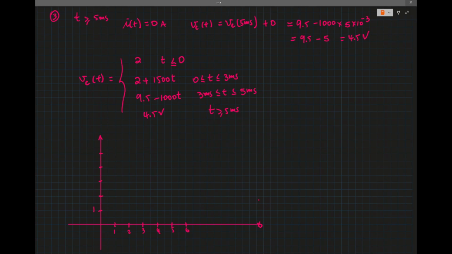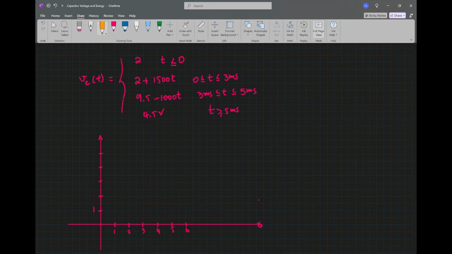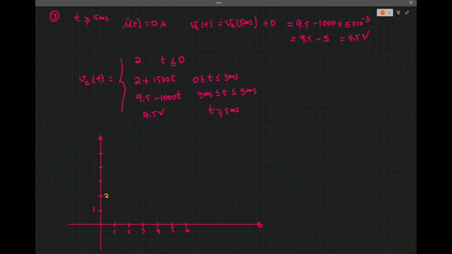So before t equal to 0, this is 2. So the voltage across the capacitor is 2 volt.